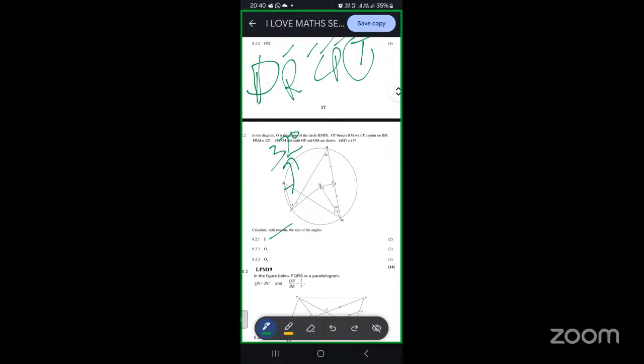8.2.2 is requiring us to calculate the size of angle O2, this one here. Is there anyone of you who can give this one a try? This is not bad. You just have to look at the diagram and think of the theorem. What is theorem one saying?